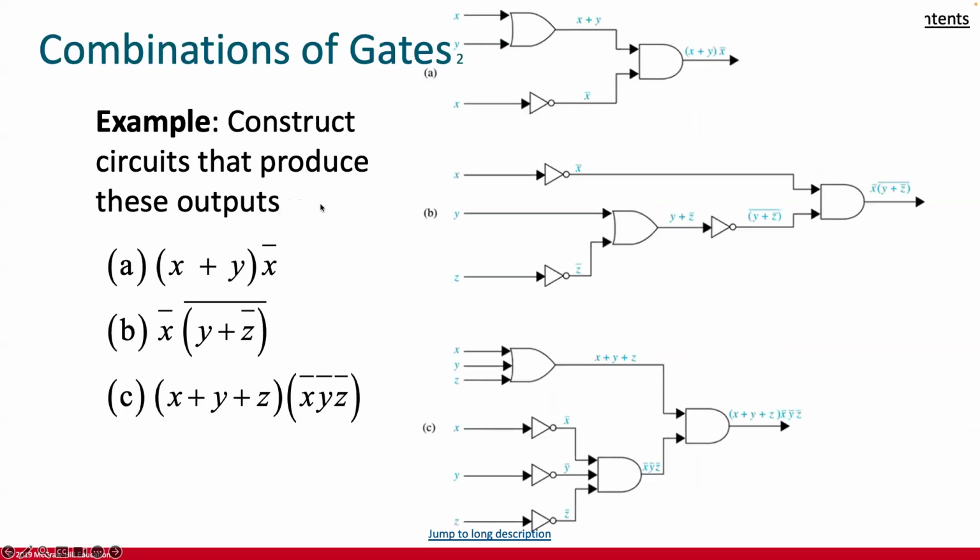Here are some other examples of circuits that you can produce. I won't go through these in detail, but feel free to pause the video and look at these and get familiar with them. If any of you have played with an Arduino unit, one of the interesting things is to start thinking about how you can utilize digital gates of this sort and start to do some programming.